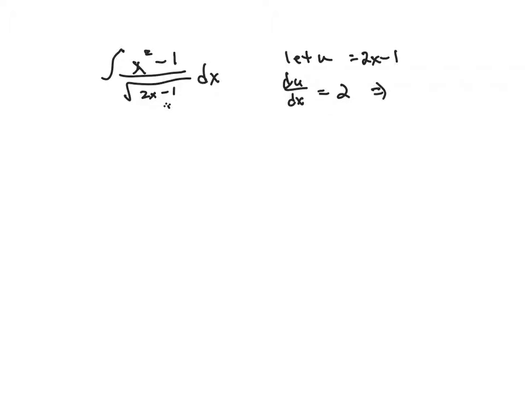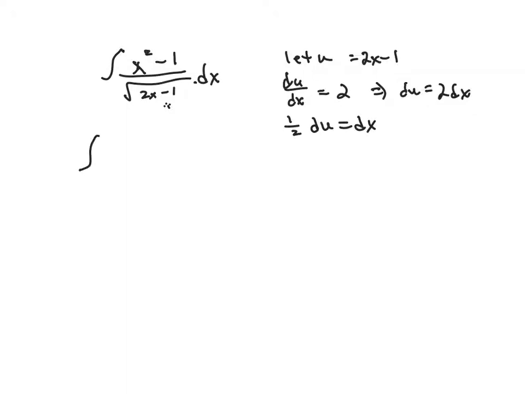And then that means that du is 2 dx if I multiply both sides by dx. And then I want dx by itself because I don't have 2 dx over here, I just have dx. So if I divide both sides by 2, I get 1/2 du is equal to dx.